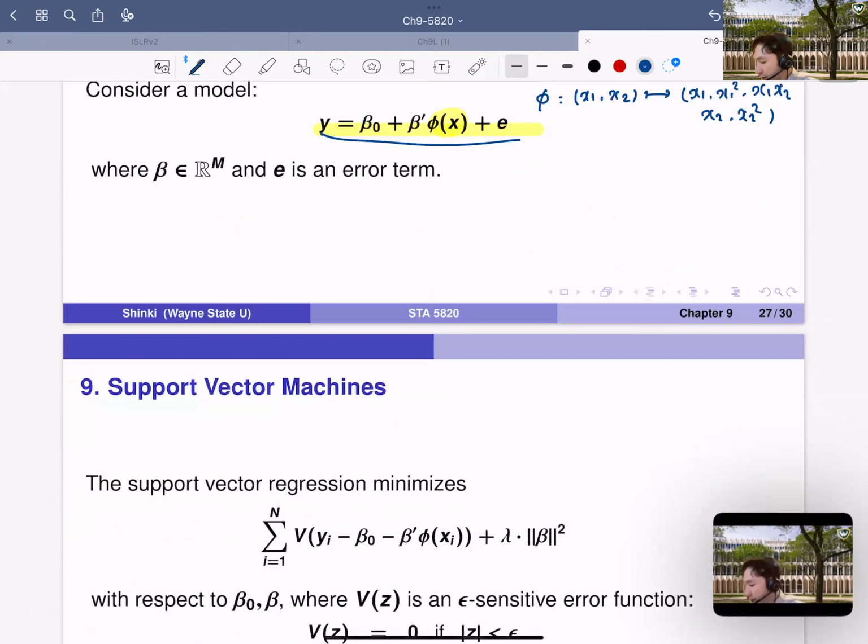But this is the same as radial basis functions, right? In polynomial regression or radial basis functions, we did the same thing.